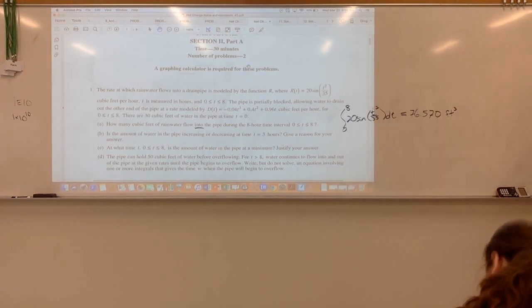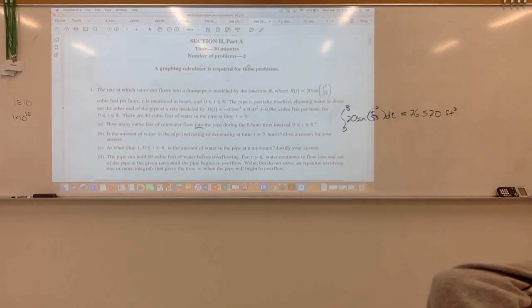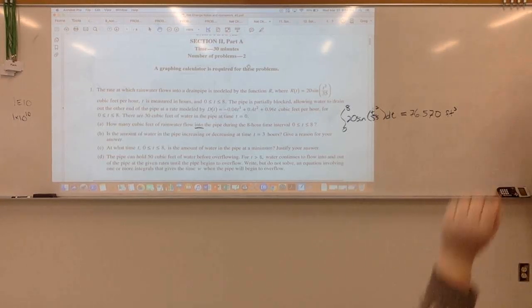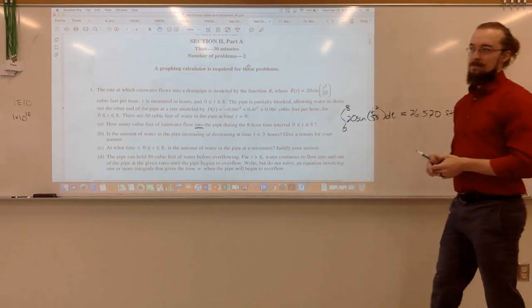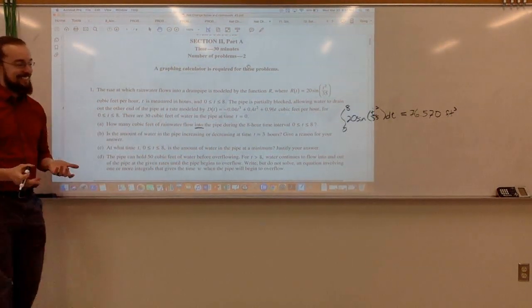Part B then says, is the amount of water in the pipe increasing or decreasing at 3 hours? So I've got a function modeling water flowing in, and a function modeling water flowing out. How would I figure out if the total amount of water is increasing or decreasing at 3 hours? Do you do the integral of both of them and then subtract?